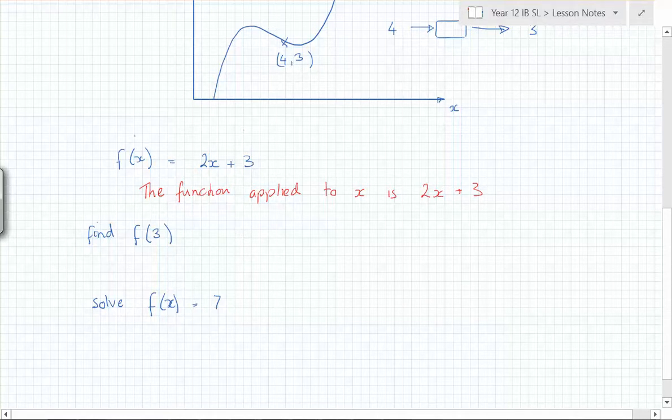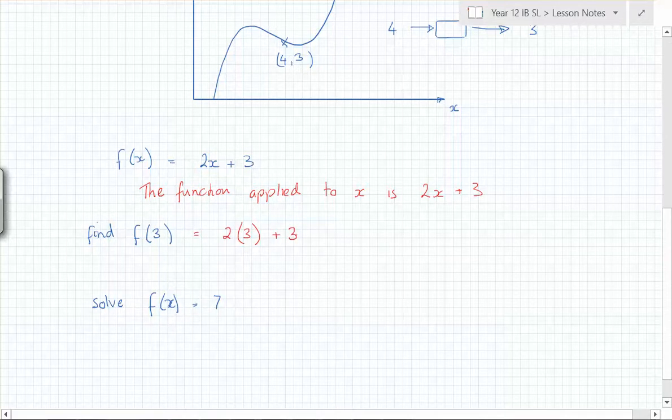Think of function notation. What have I replaced here? The x has been replaced by 3. So, yes, exactly. So that will equal 2 times 3 plus 3.